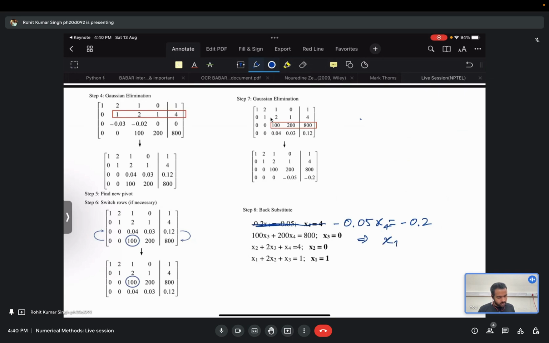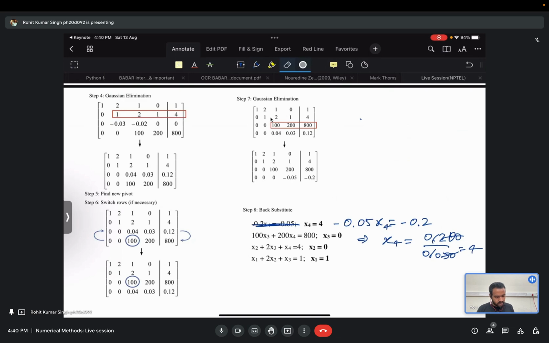And so your x4 will be 0.2 by 0.05. Okay, this gives 2 zeros here, this gives 1 zero, it will be 4. Okay, so the answer was correct here, but the equation written was wrong.